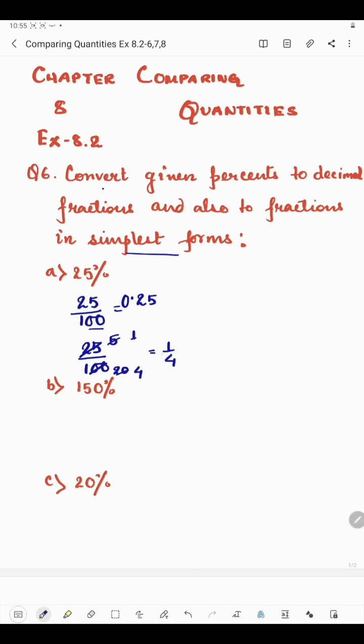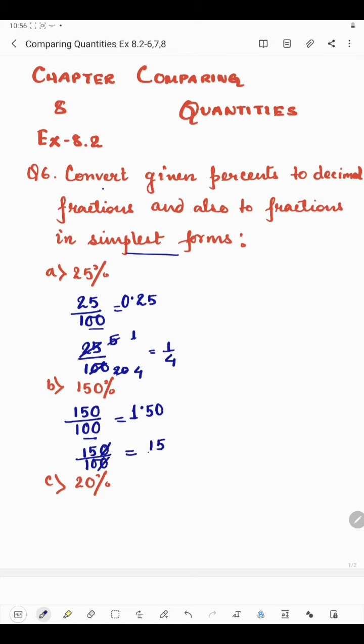Now in the B part we have 150%. 150% can be written as 150 by 100. Now we will have to write it as decimal fraction. So 2 zeros, that means after 2 digits we will have to put the decimal. So it's 1.50. Now we will convert it into simplest form. 150 by 100, we'll cancel the zeros at first.